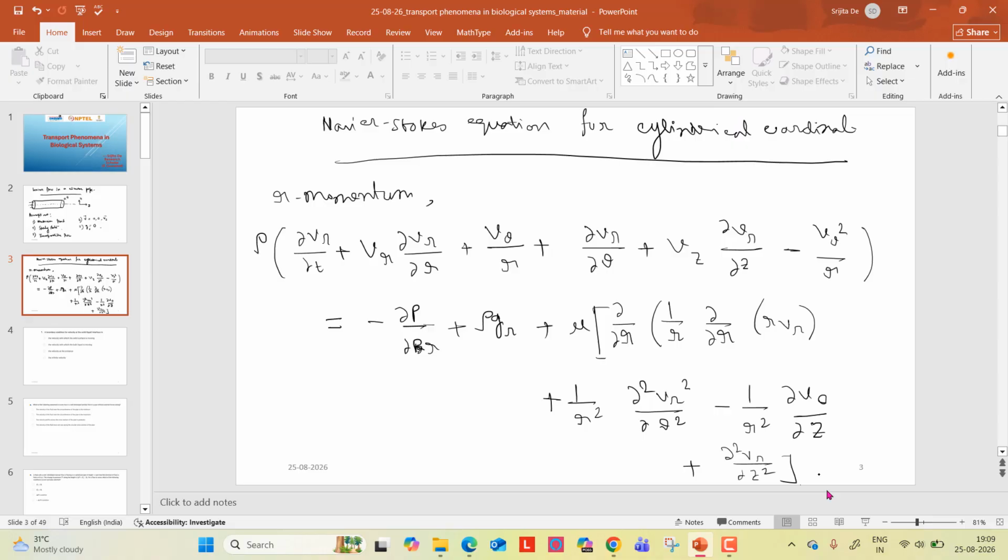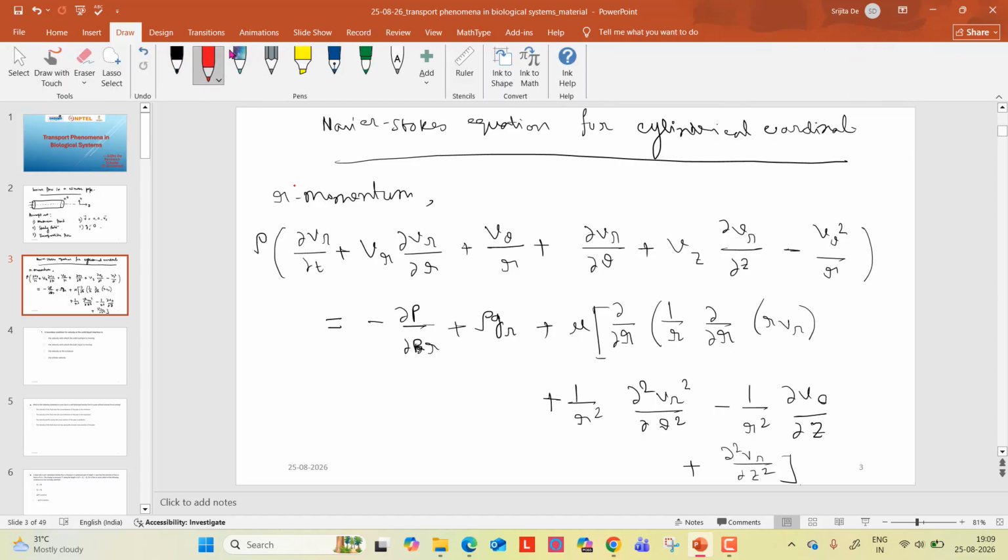You can refer to the momentum balance equations from the BSL book itself. You don't need to write this. I am writing it to show you why these terms are gone. The first term is steady state, so this will be 0. Vr is 0, so this term is gone.